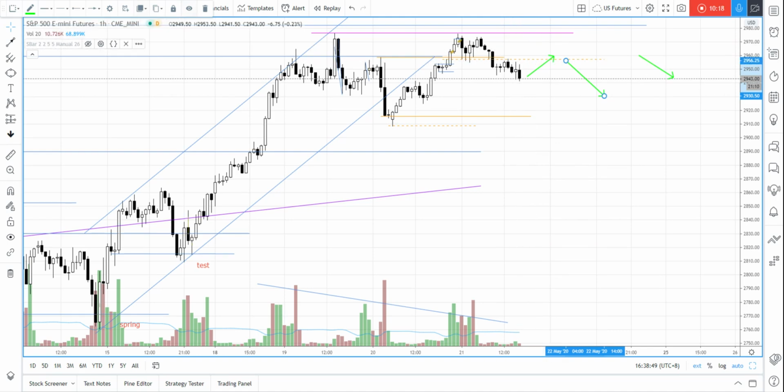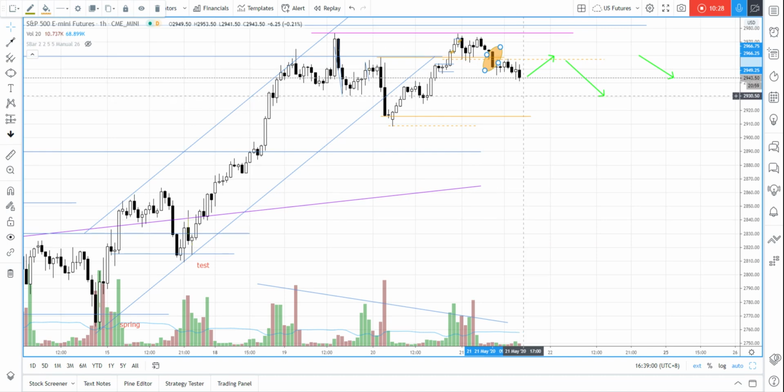So what I want to see is actually a test of this breakdown bar, which I consider as a supply zone as well. Otherwise, currently it still goes back to test this demand bar here. So these 2 bars pretty much acted as a demand zone.